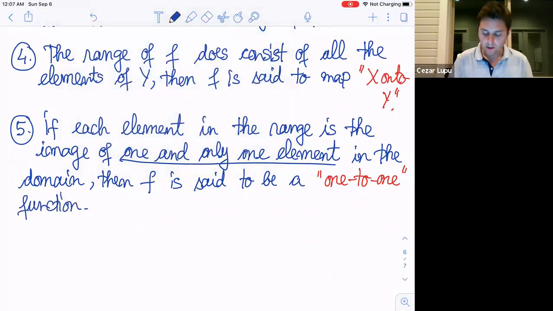Anyway, we will also see the formal definition as we proceed.